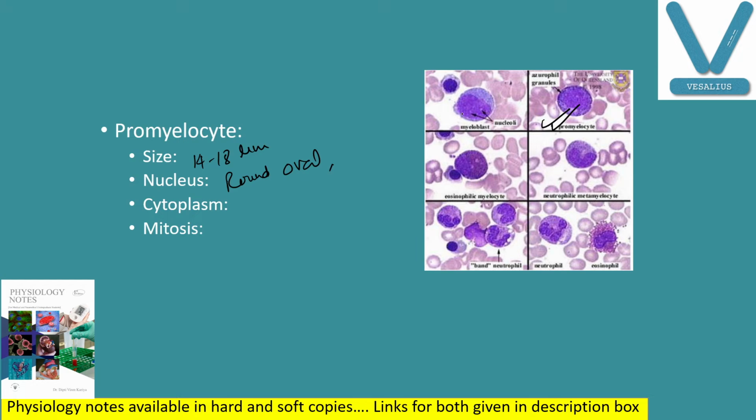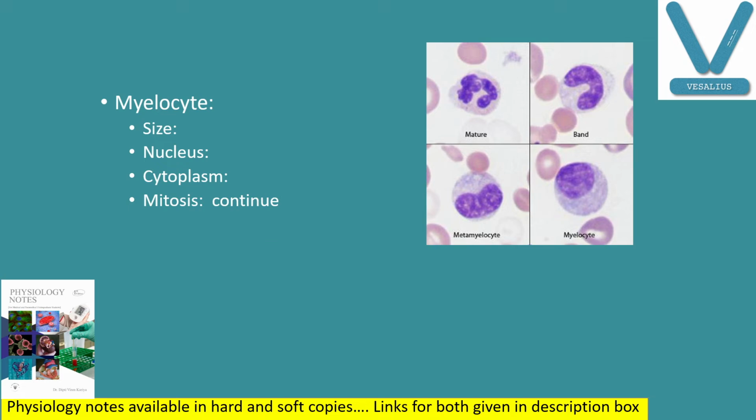Chromatin gets condensed and less prominent, and few nucleoli are present, less prominent as compared to myeloblast. Cytoplasm amount increases, nucleus decreases in size, and there are azurophilic granules, primary non-specific granules, which give a positive reaction with the peroxidase stain. Mitosis is again marked +3.